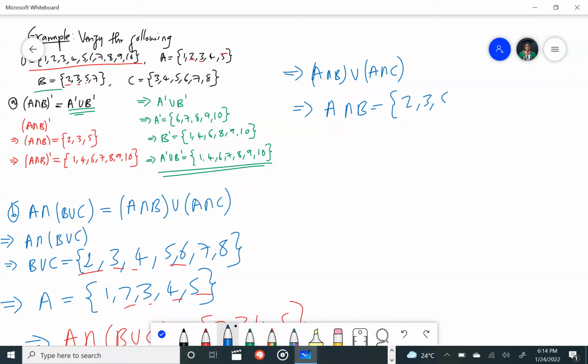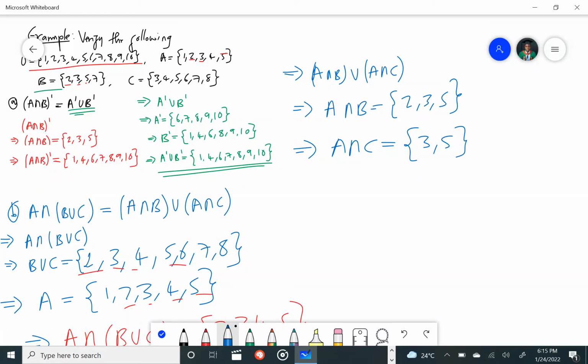Then what about A intersection C? That's what's in A and what's in C. So we're starting with 3, and 5. So that's what we are having, right?